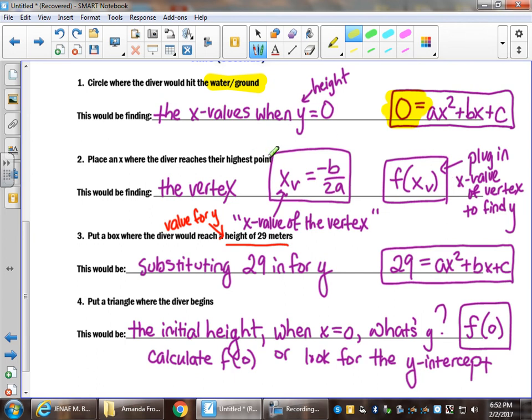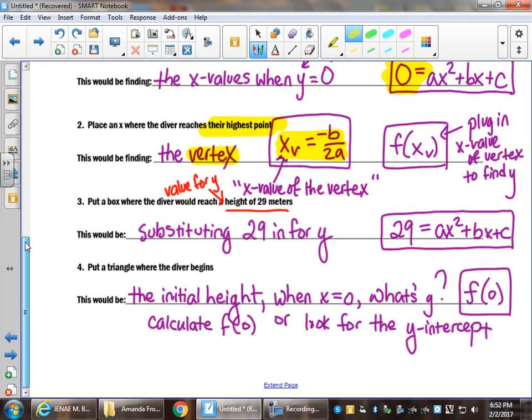If I'm asked for the highest point, we're finding our vertex. The key vocabulary word you will hear often. And we do that using this formula: xv equals negative b divided by 2a.